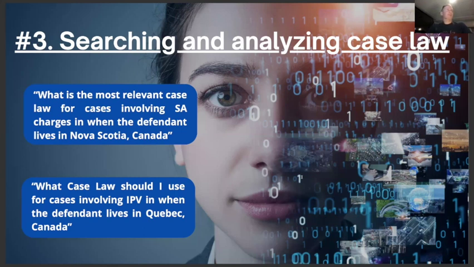You could also say, what case law should I use for cases involving intimate partner violence when the defendant lives in Quebec, Canada? And it'll give you the relevant case law and citations that deal specifically with that request. But again, it's important to give it very specific instructions as to what you want to accomplish. And the more specific the instructions you give it, the better the results it will generate.